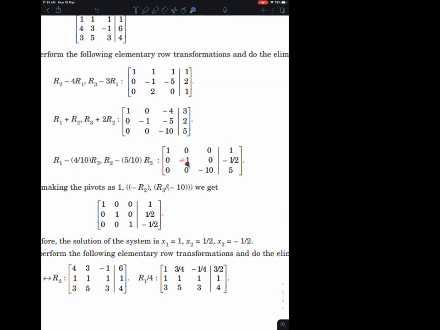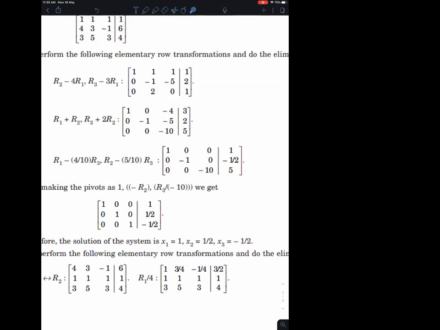So once you get 0, for Gauss-Jordan, you must do this. And then at the end, you need to get rid of the minus sign also, and you also have to change this to 1. All of them have to be 1 and must be free from any negative sign. In order to get rid of the negative sign here and get 1 here, we divide through the entire row by -10.